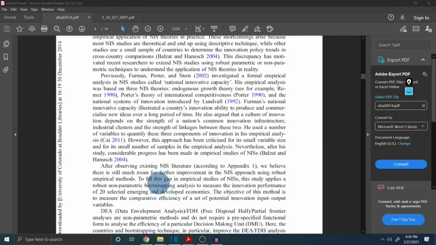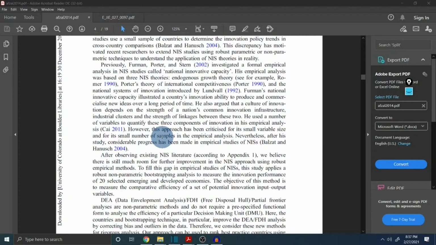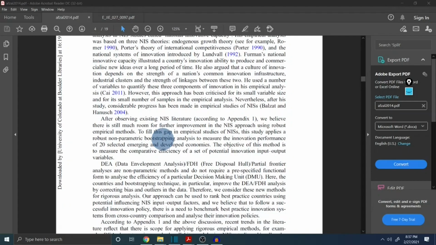Therefore, we need to fill this gap for empirical studies in NIS, and how can we do that? We use non-parametric bootstrapping. At that time, that was the cutting-edge methodology in 2012. By setting up this type of introduction and write-up, you can attract the readers very easily.